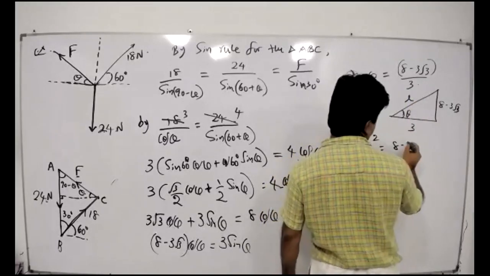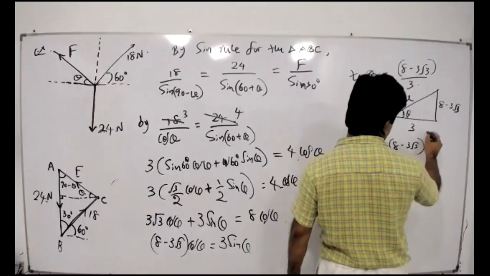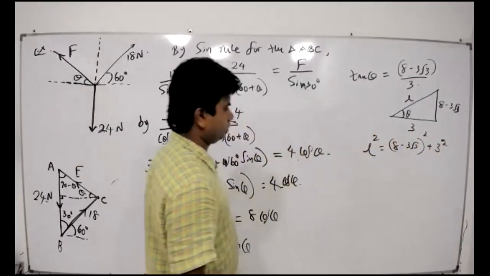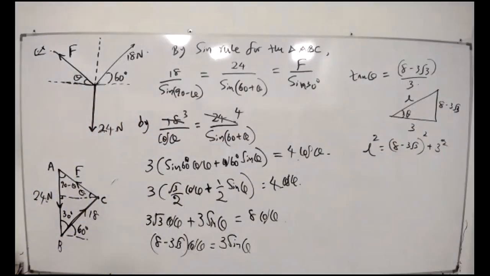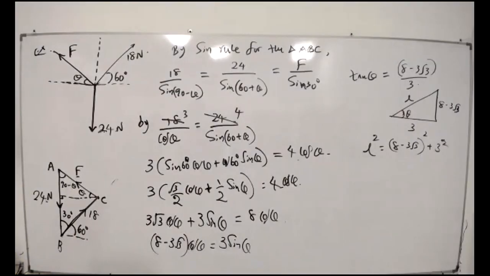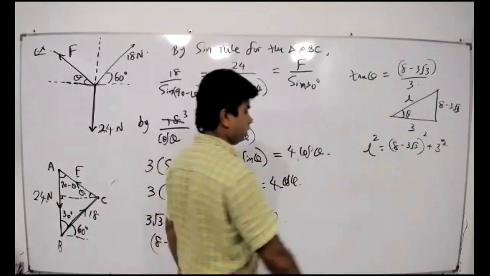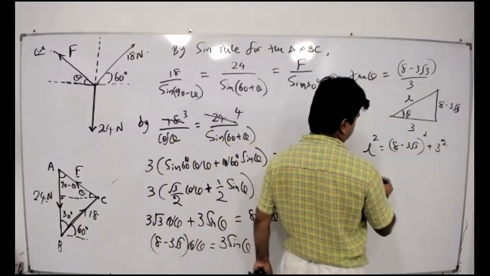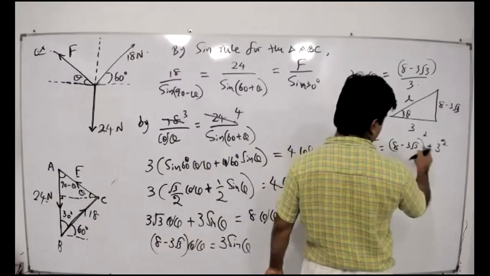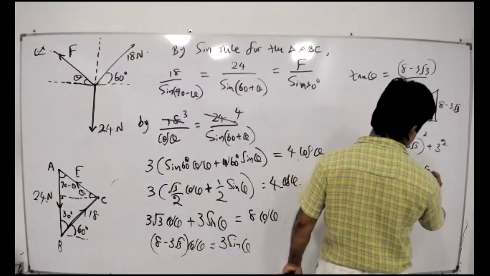L squared equals 8 minus 3 root 3 squared plus 3 squared. 64 and 27, 27 and 9, 36. 36 and 64 means 100. L squared equals 100 minus 48 root 3.